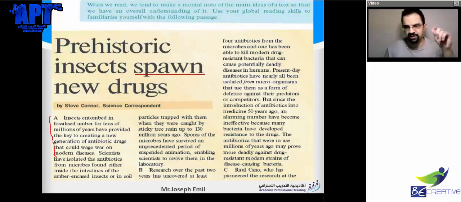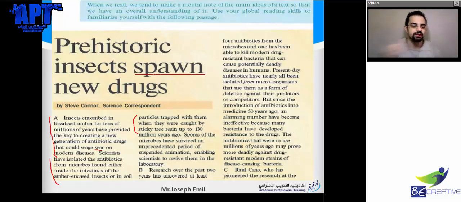Of course, you can just try to summarize it: insects provided the key to creating a new generation of antibiotics. Then, from the beginning of scientists onward, these are all explanation or supporting sentences, okay? That's a rephrase. He is explaining what he means by the fact that insects provided for the scientists.